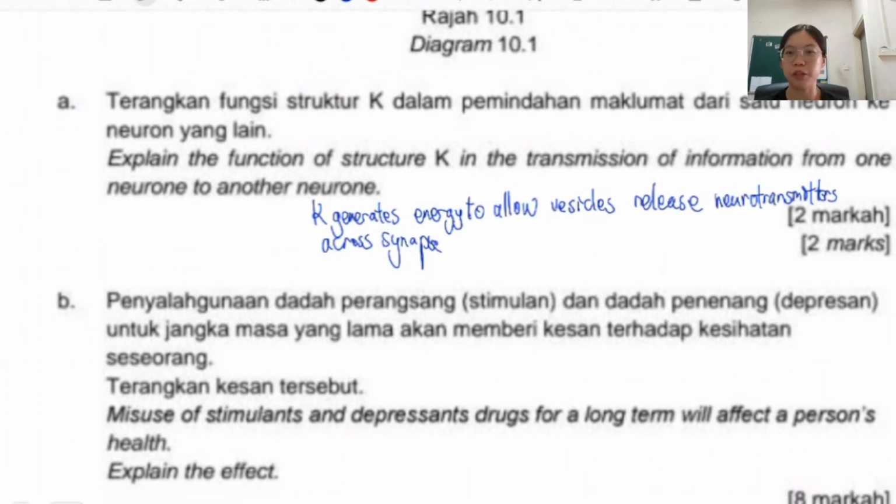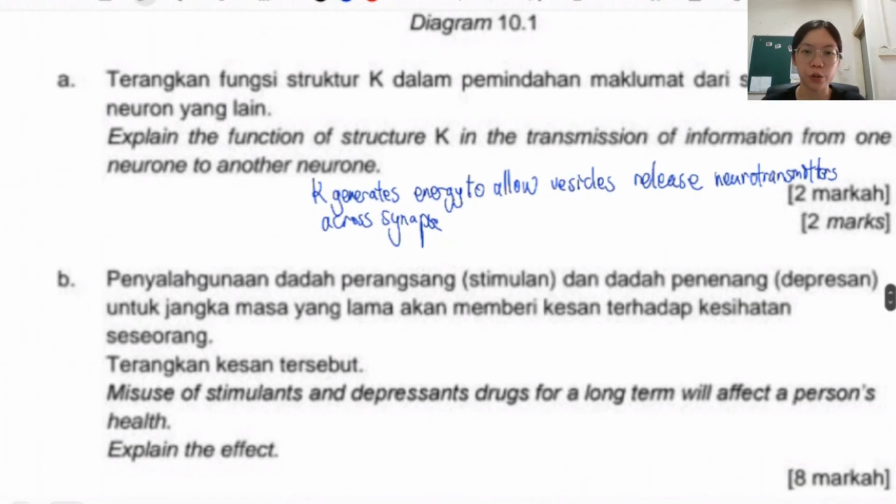Misuse of stimulants and depressant drugs for a long term will affect the person's health; explain the effect. Stimulant is the one that will make you go high. It stimulates you, so it will increase the production of neurotransmitter. When you increase production and release of the neurotransmitter, there will be more transmission of nerve impulse.